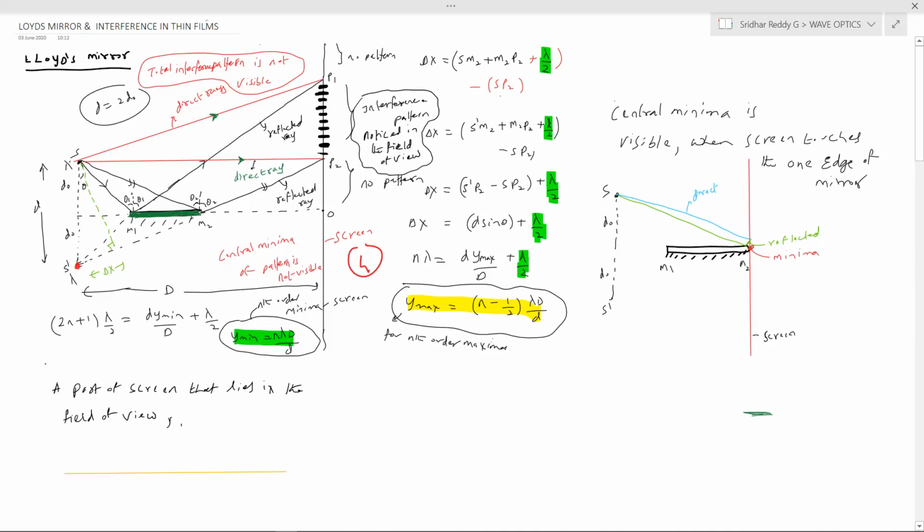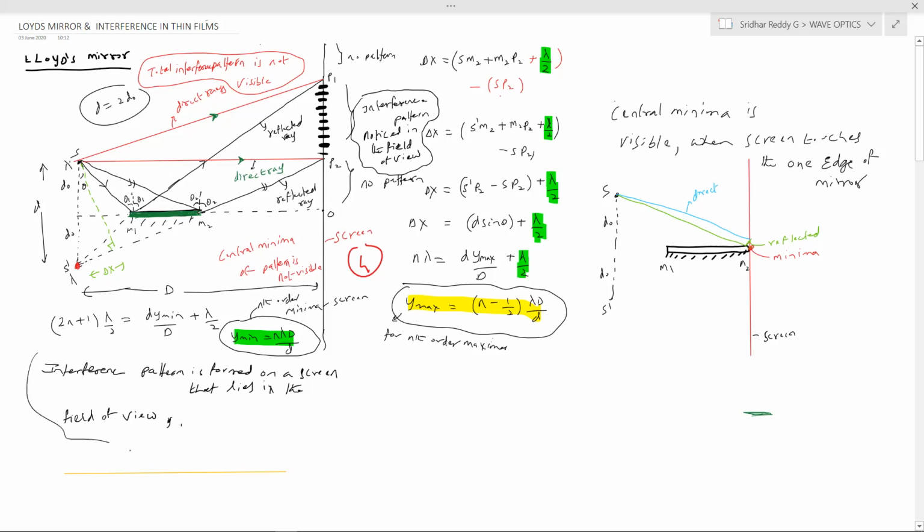I think a sentence like: the interference pattern is formed in a part of the screen that lies in the field of view. Interference pattern is formed on a screen that lies in the field of view.